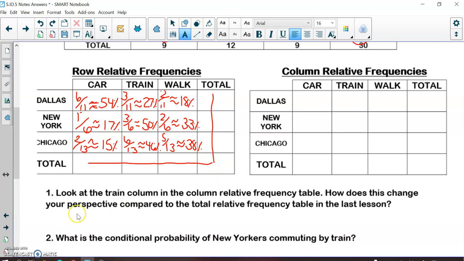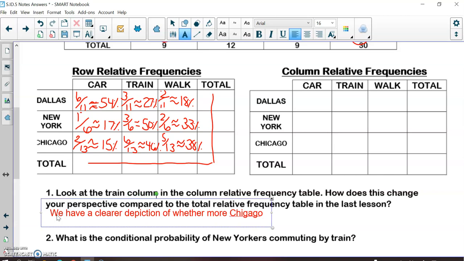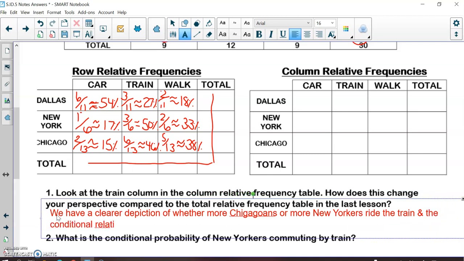So how this changes our perspective is we have a clearer depiction of whether more Chicagoans or more New Yorkers ride the train. And the conditional relative frequencies tell us that there are more New Yorkers taking the train to work.